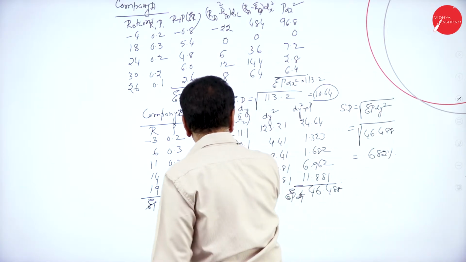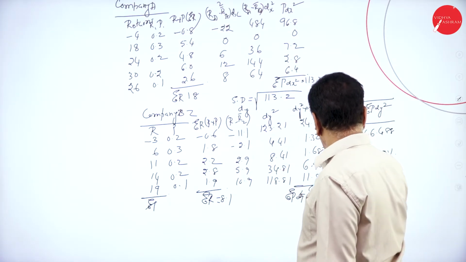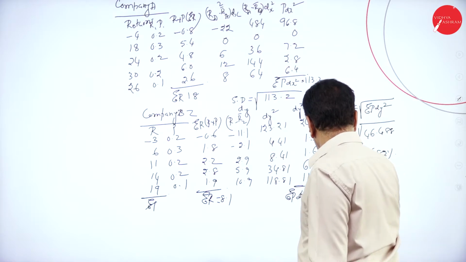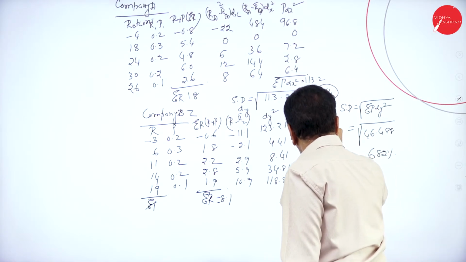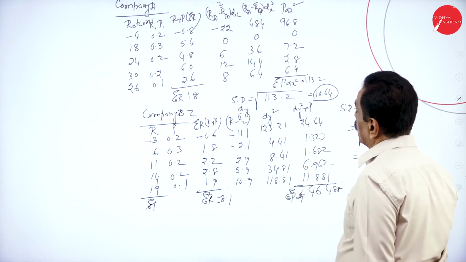Then B dy square multiplied, this 46.6.82.